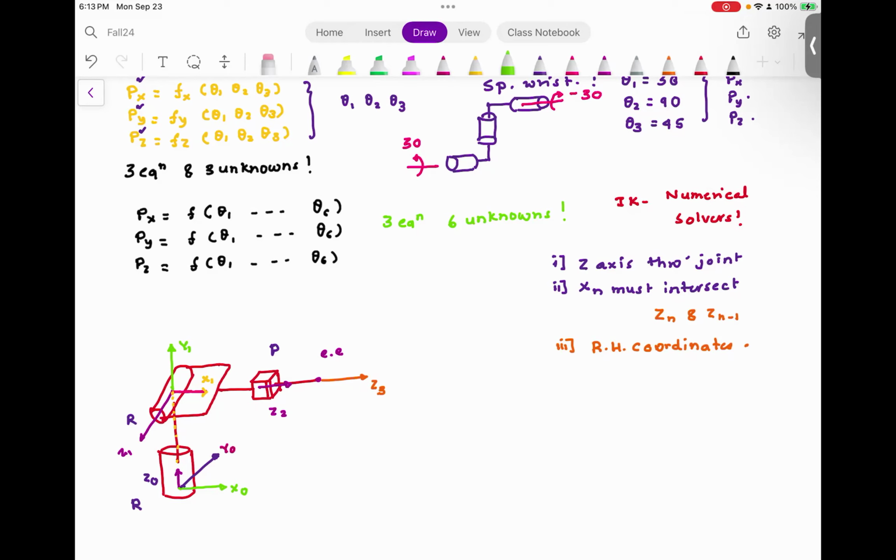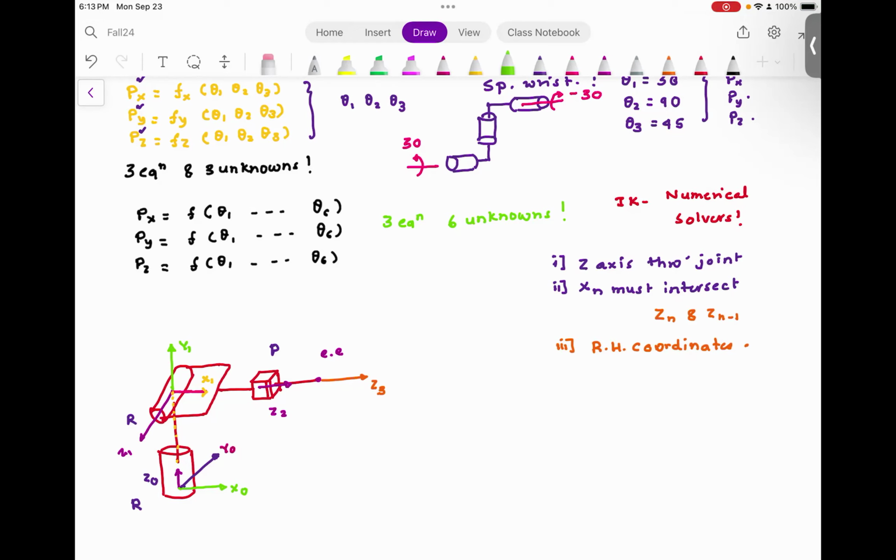Now let's go to Z2. But before we go to Z2, I want you to ask yourself a question: where should I draw my X2? Vertical, horizontal? If I draw my X2 horizontal, then please understand it's going to be parallel to Z1.